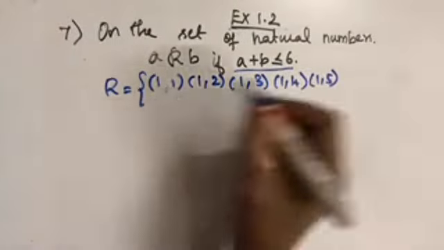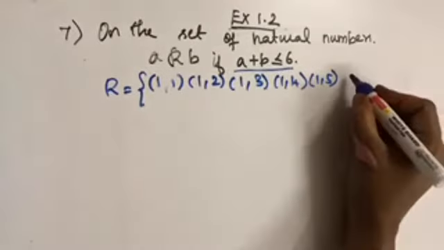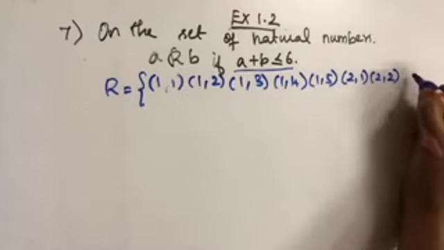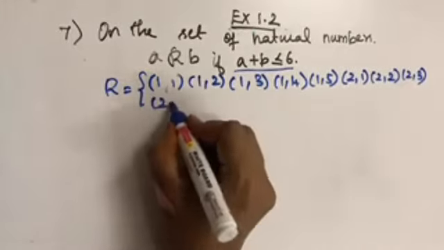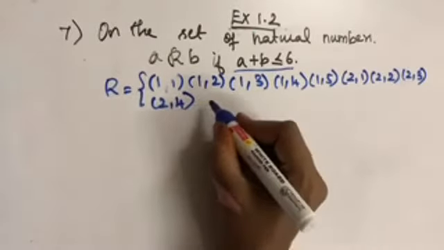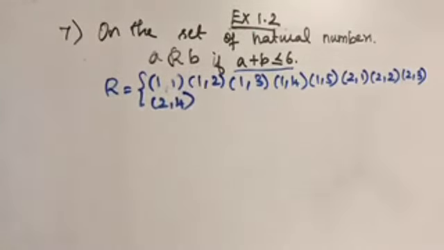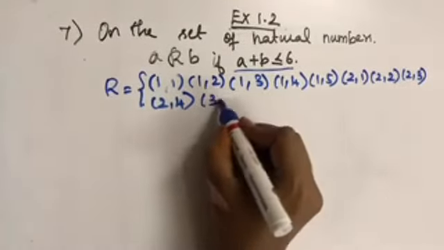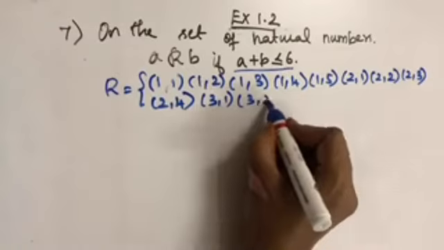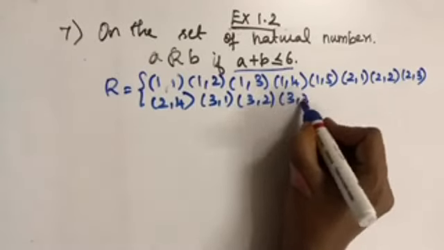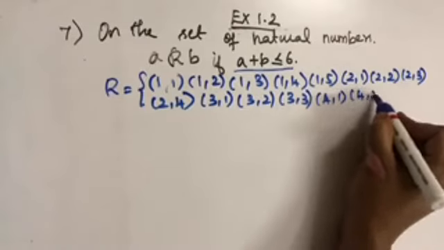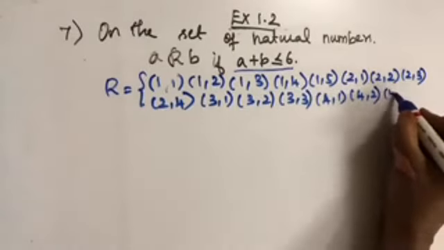Next 2, 1; 2, 2; 2, 3; 2, 4. Shall I write 2, 5? No, it will exceed 6, so I'll stop with 2, 4. Now 3, 1; 3, 2 and 3, 3. Then 4, 1 and 4, 2. Next 5, 1.